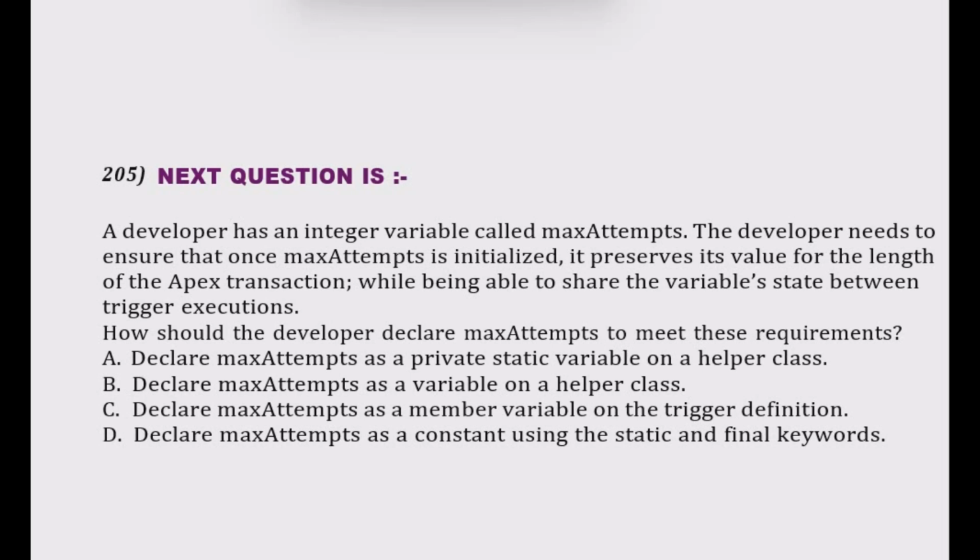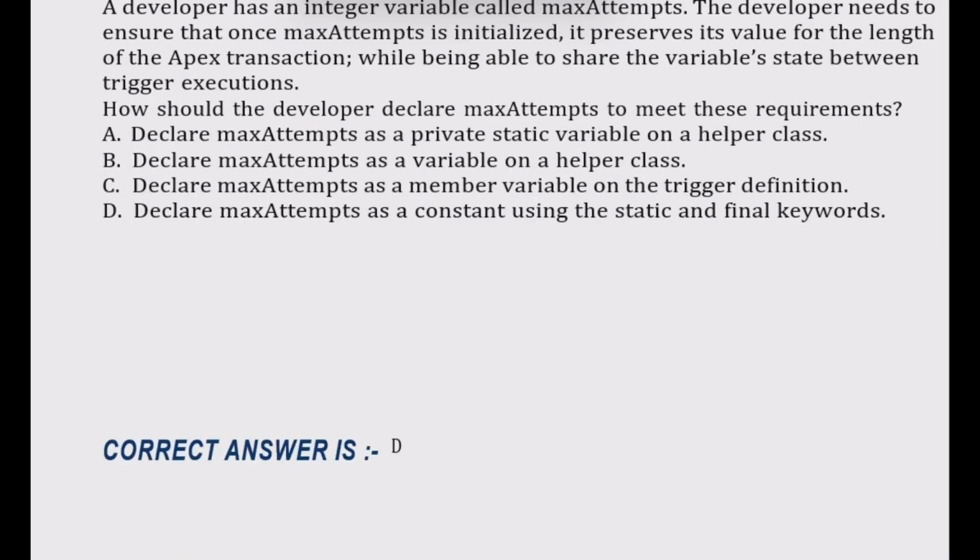Option A, declare max attempts as a private static variable on a helper class. Option B, declare max attempts as a variable on a helper class. Option C, declare max attempts as a member variable on the trigger definition. Option D, declare max attempts as a constant using the static and final keywords. Correct answer is option D.